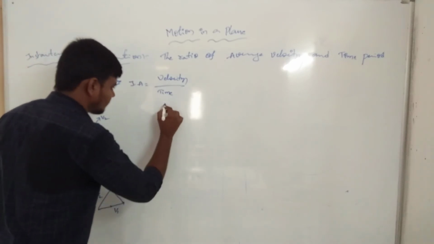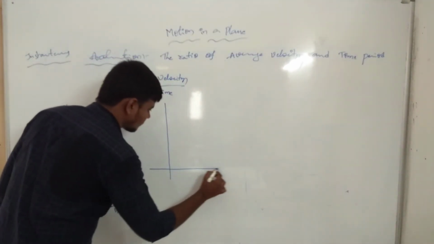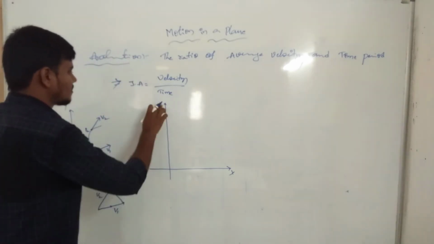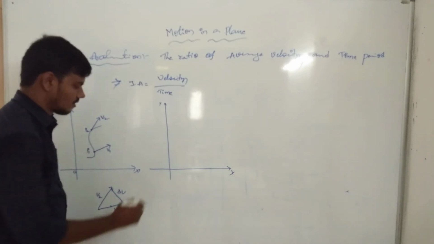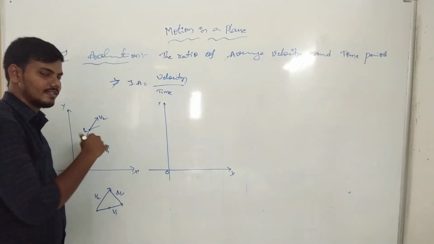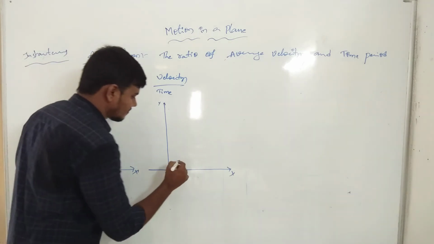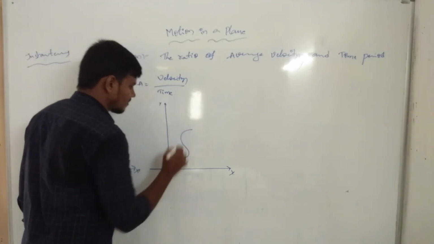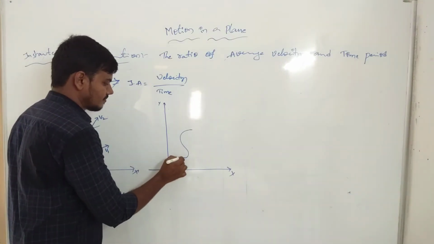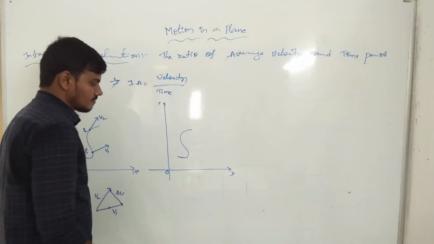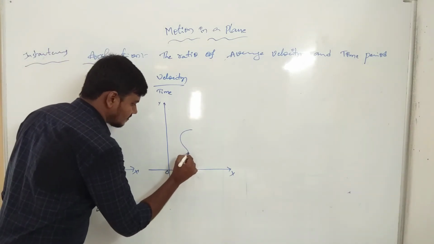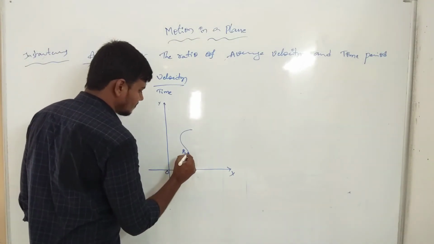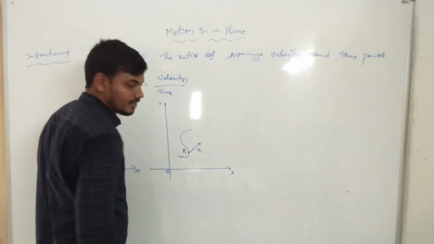Now second one. In x-axis to y-axis, horizontal point, the same position we can take. Now first position P1, velocity V1.